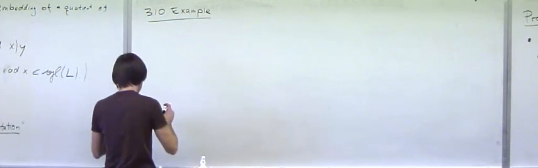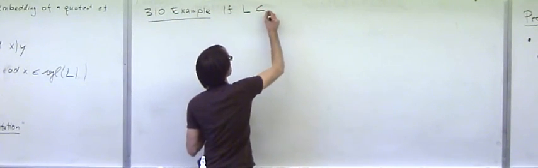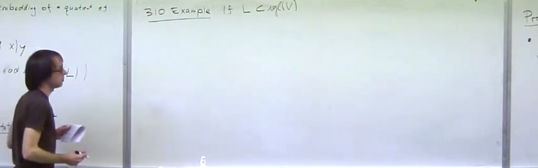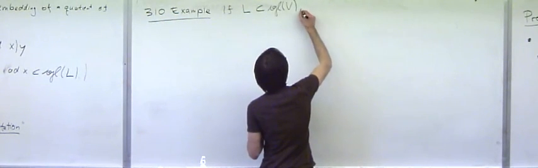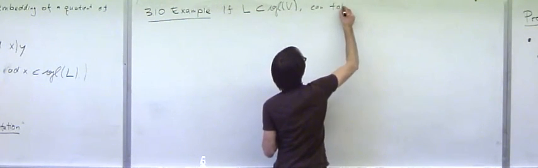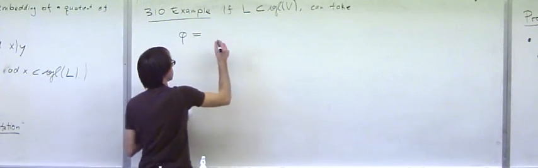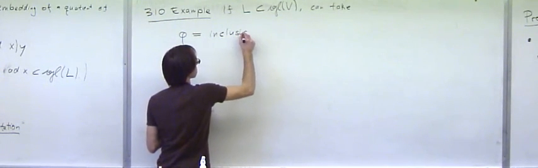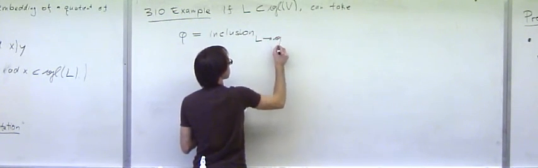If L happens to be already a subalgebra of some matrix algebra gl(V), we can take phi to be just the inclusion of L into gl(V).